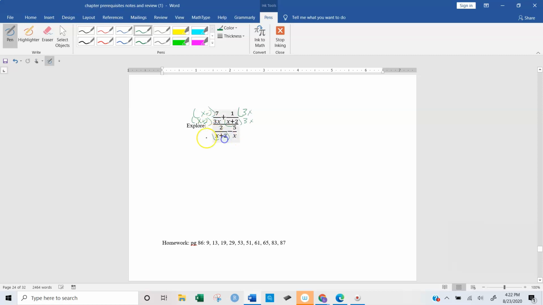So I'm going to multiply this here by, it needs a 3x. Can't forget that x either, huh? 3x and a 3x. This guy has an x. He's missing a 3 and an x plus 2. All right, my denominators are identical, so they can go away.